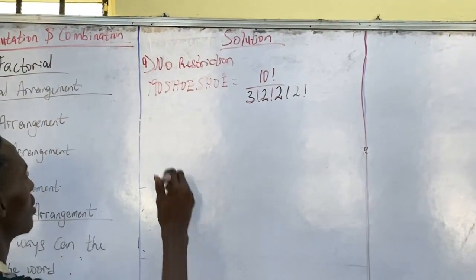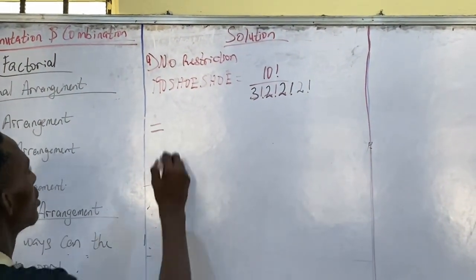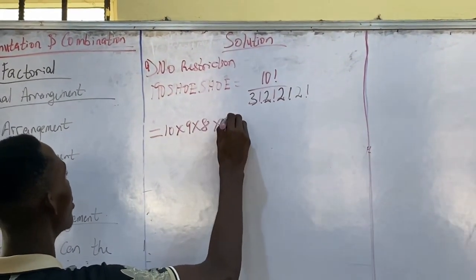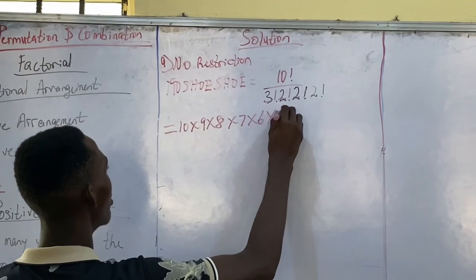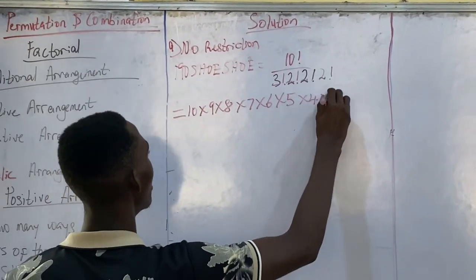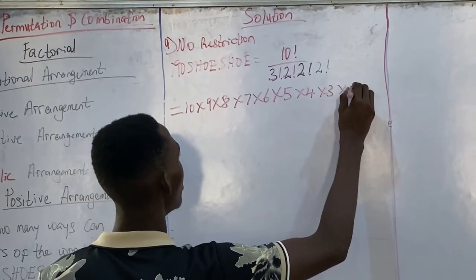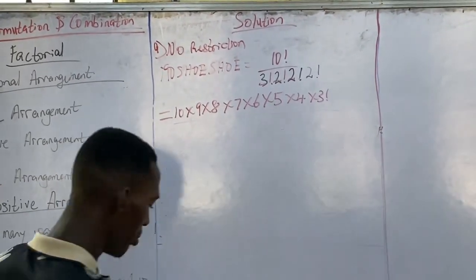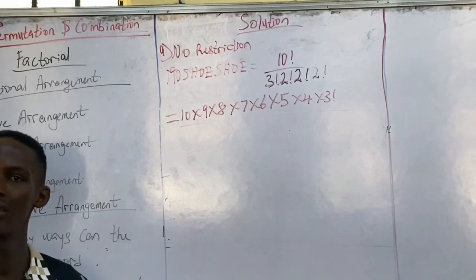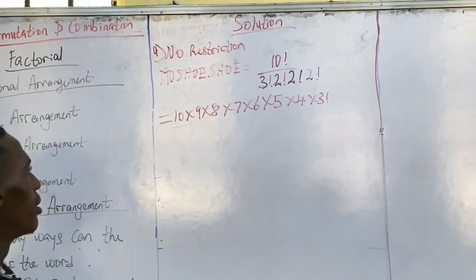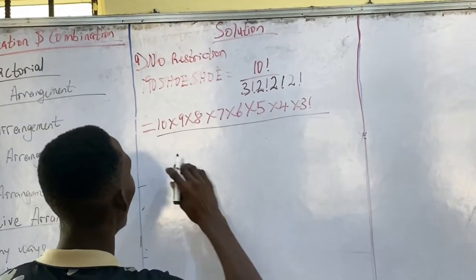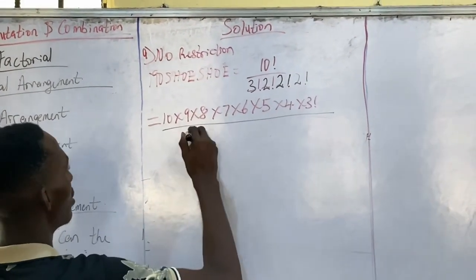Let's expand. This is equal to 10 times 9 times 8 times 7 times 6 times 5 times 4 times 3 factorial. Remember, I said you should always aim for the biggest factorial.